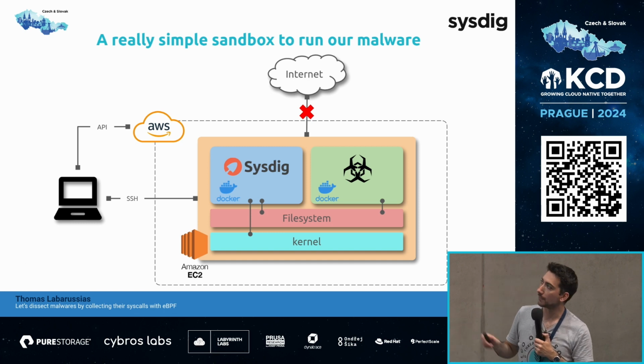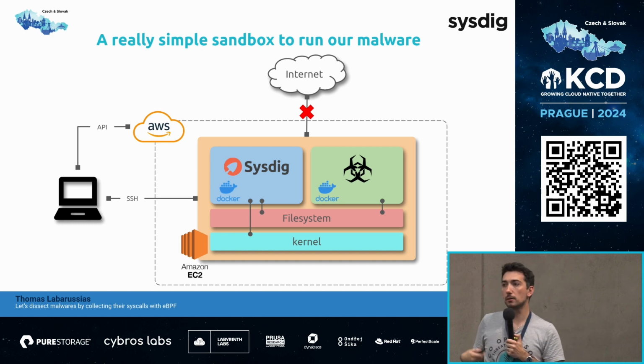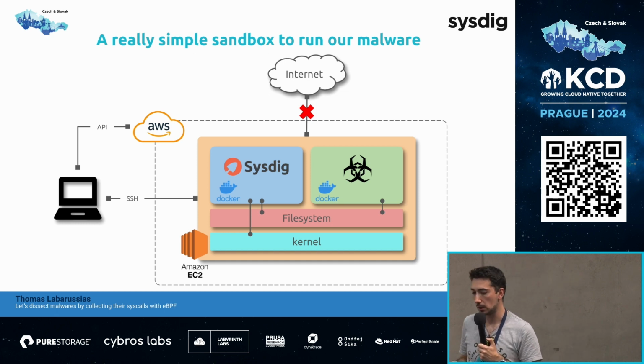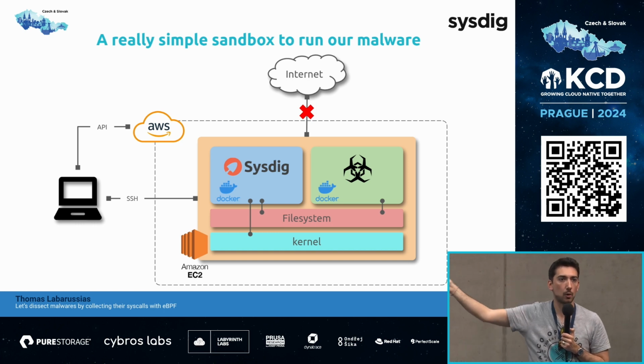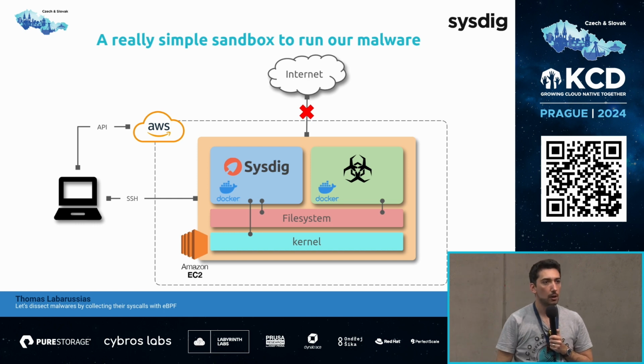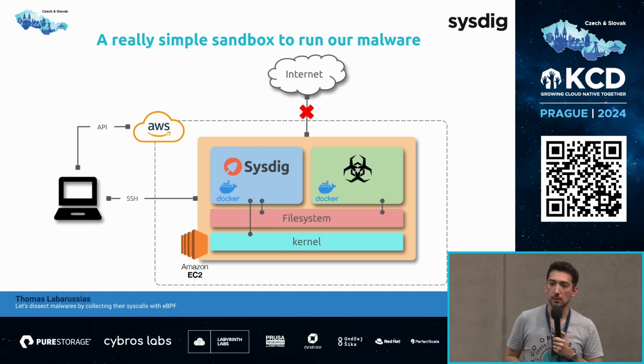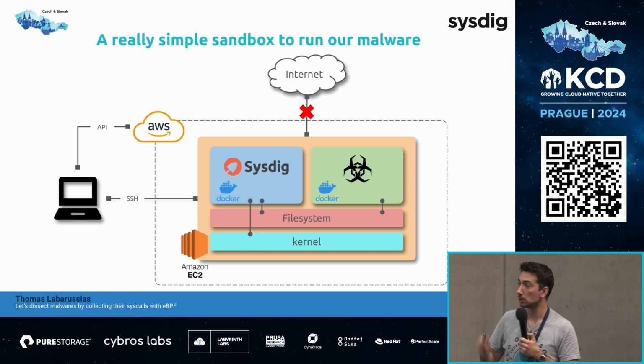We'll see why. And to be sure to not be a noisy neighbor, I also blocked all outbound connections to avoid the malware trying to replicate or to cause something else, or if it's a botnet, or I don't know, I don't want to be a pain for the others. But you could just open, for example, the DNS port.